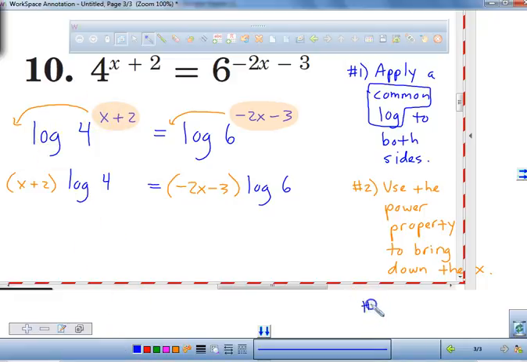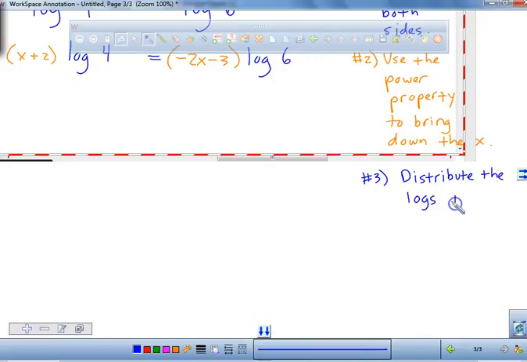All right, here we go. Step number 3. Distribute the common logs throughout the expression.